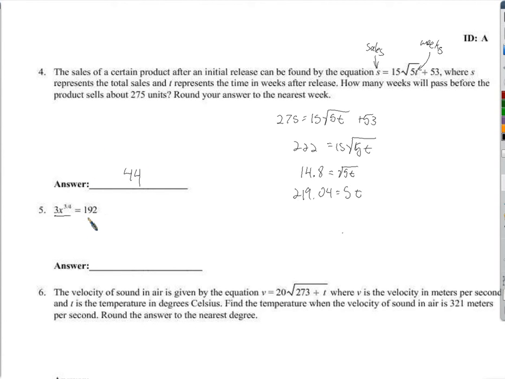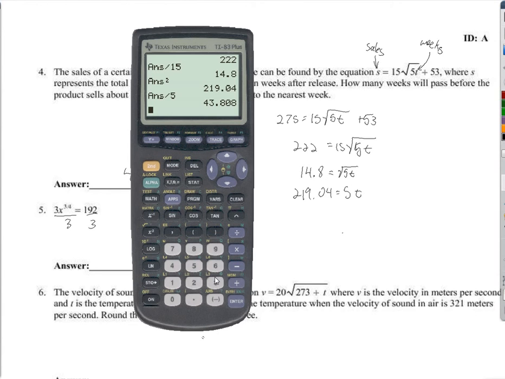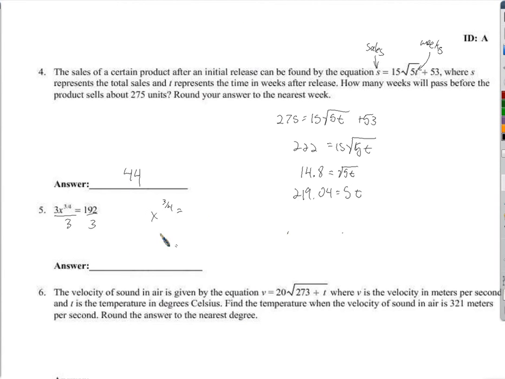All right, here we'll divide by 3 on both sides, getting that x term by itself. 192 divided by 3, 64. Raise both sides to the 4/3 power. X equals, okay, what's the third root of 64?